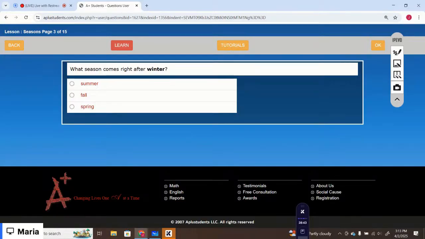What season comes right after winter? Right after winter is spring. The correct option is option number three. That is spring.